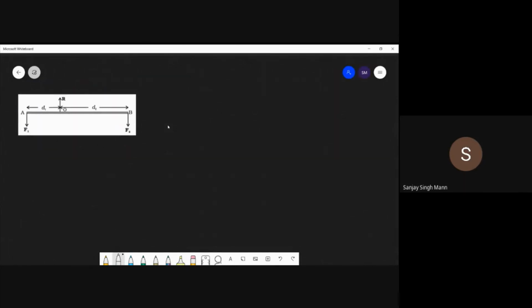So what is given over here? Given: load at A. There is some mass M you have placed at A. And this F1 will definitely be the weight and that is equal to mg. Okay. Load at A. So due to it, there is the weight and that is the force F1.